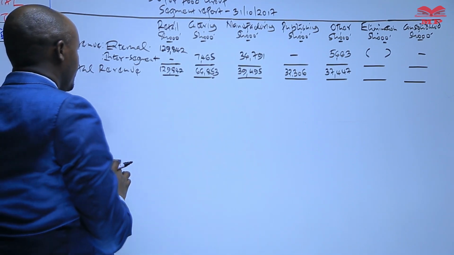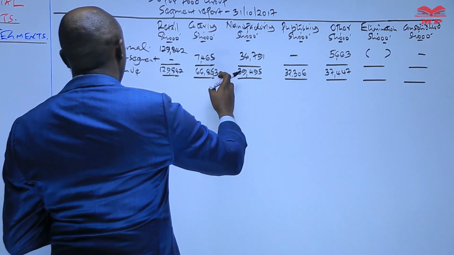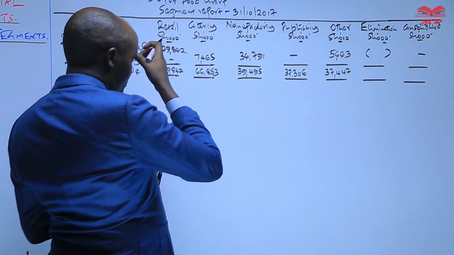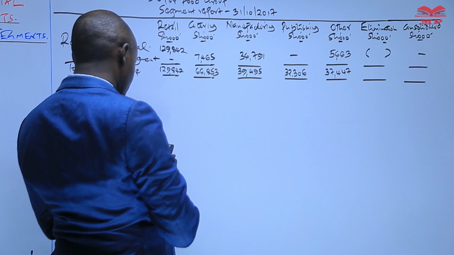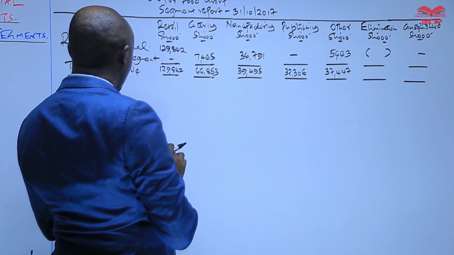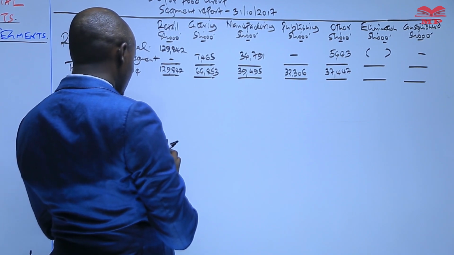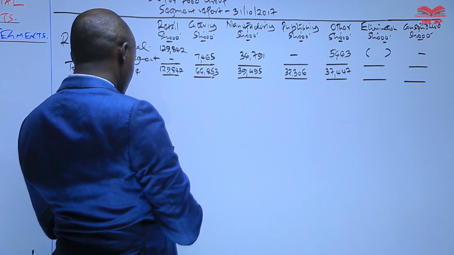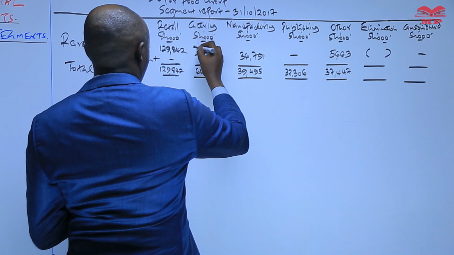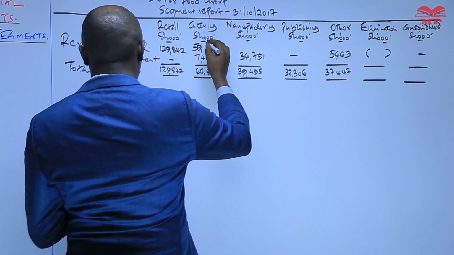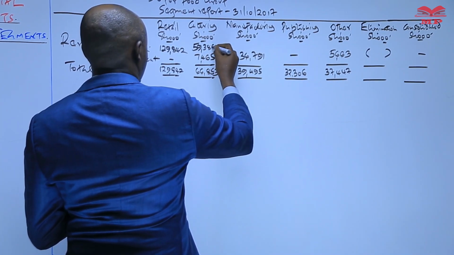What about the other segment, that is catering? We take the total revenue minus the internal or inter-segment revenue. The difference automatically will be the external revenue. So 66,853 minus 74.65 will give us 59,388.